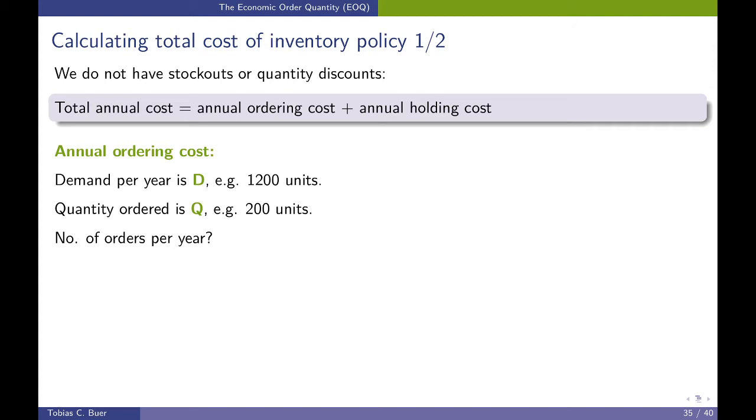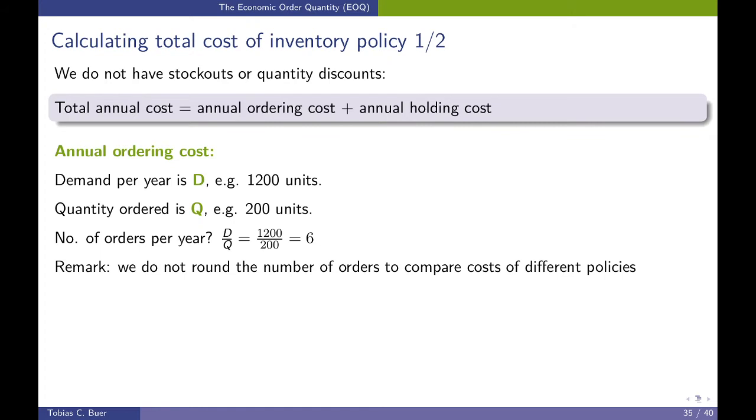So how many orders do we have per year? This is just D over Q, which is 1,200 over 200, which means we order 6 times a year to fulfill our annual demand.